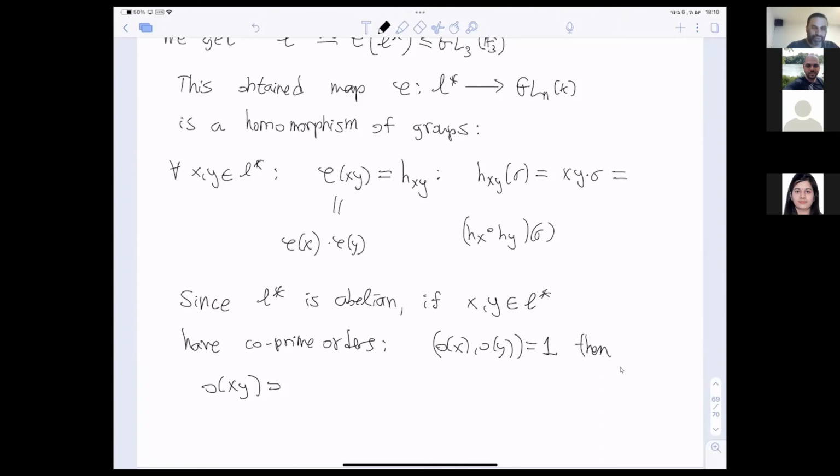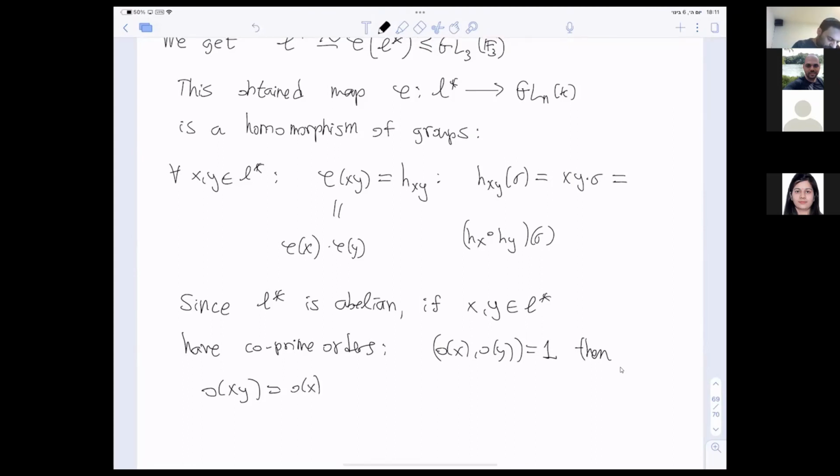So you have to use also how to find the order and how to find XY. So the order of XY will be the multiplication of the orders.